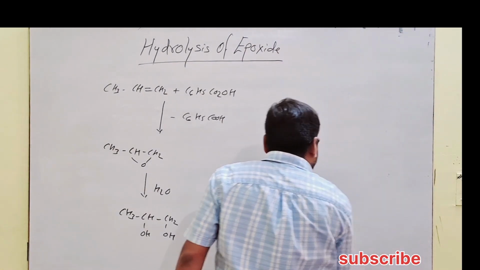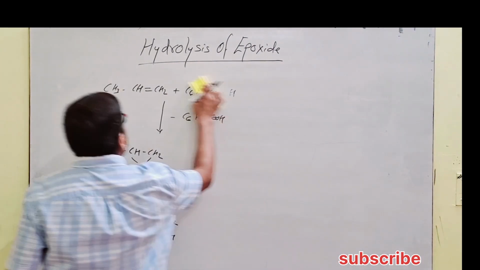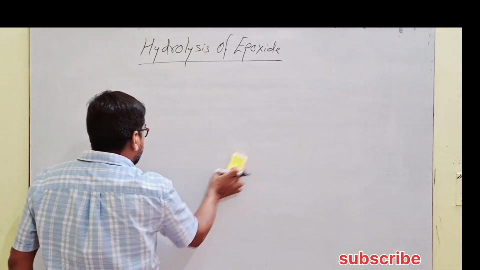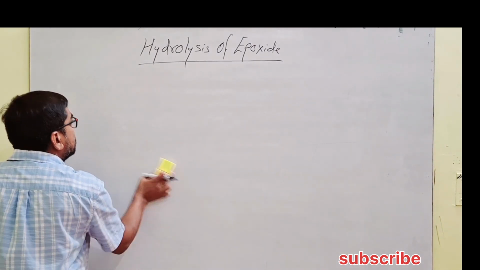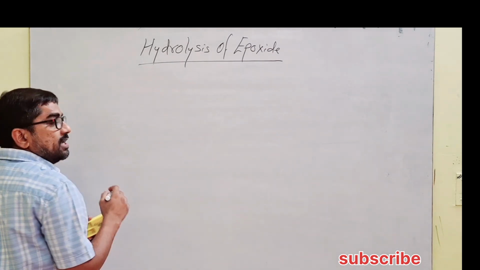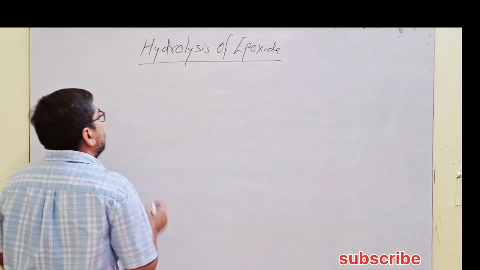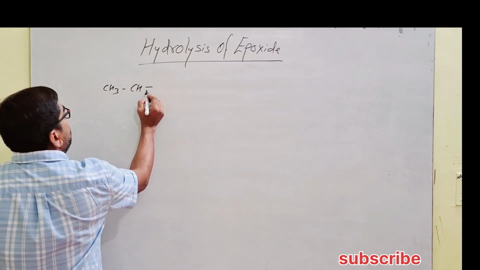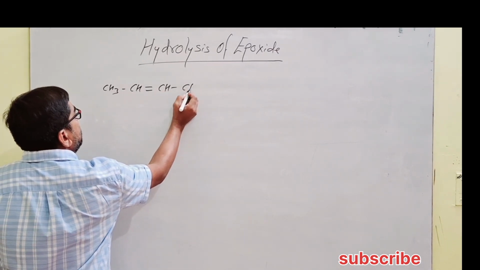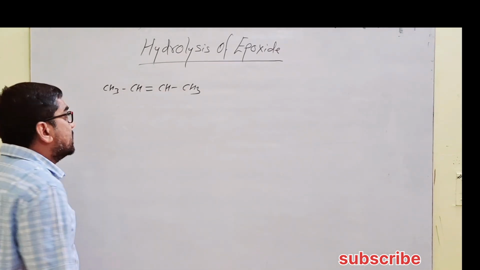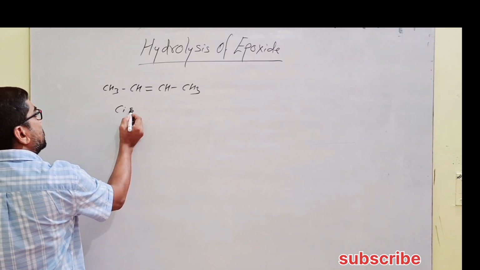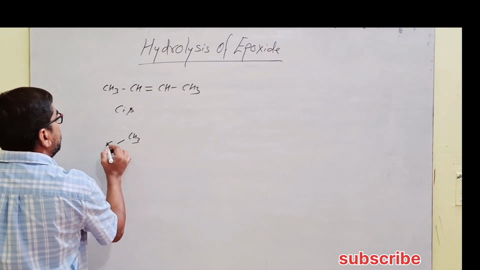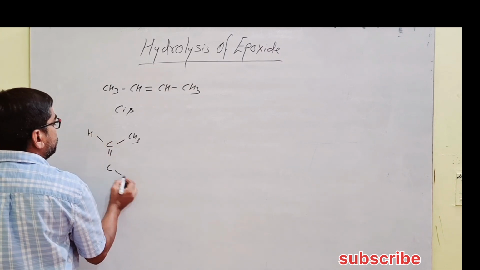If we take an alkene that results in asymmetric carbon containing diols, it may give the cis form or trans form, like CH3CH=CHCH3. If the cis form is taken, cis form like this, as in geometrical isomerism you have studied, this is the cis form.